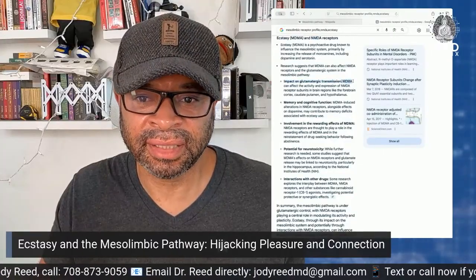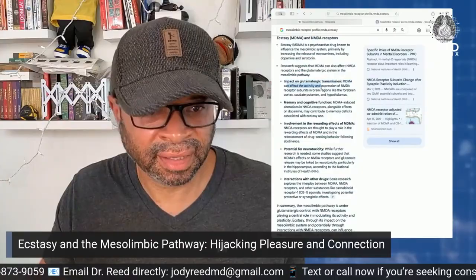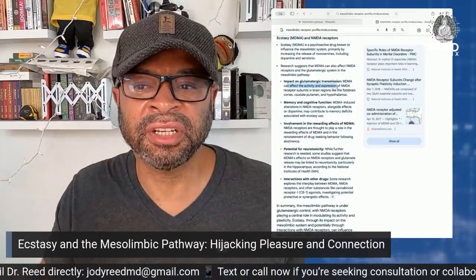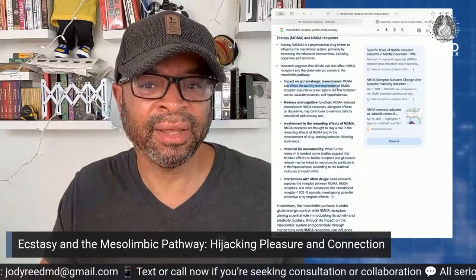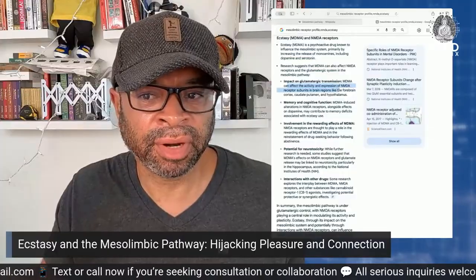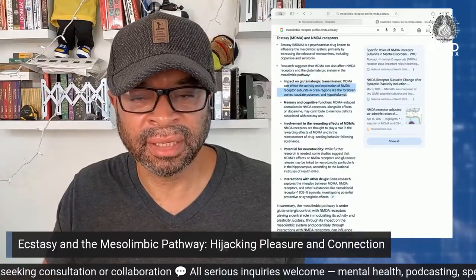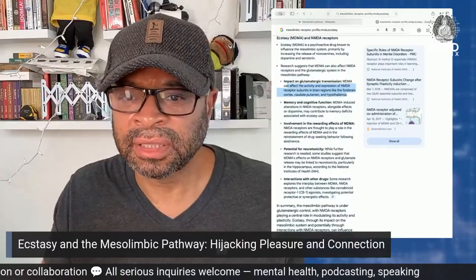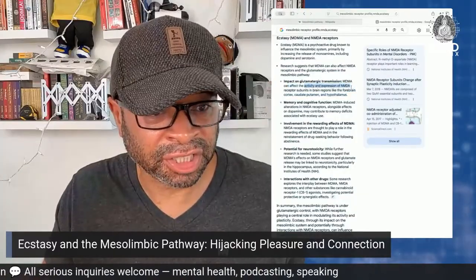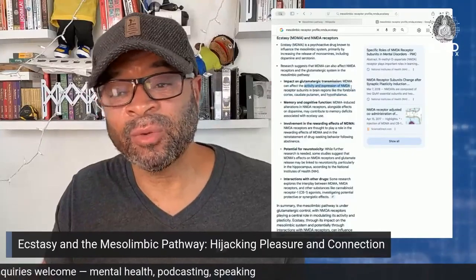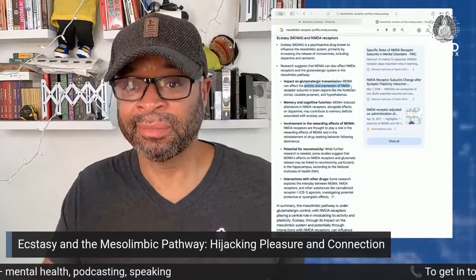Ecstasy can affect activity and expression of NMDA receptor subunits in the brain, like the forebrain cortex, caudate, putamen, and hypothalamus. And so glutamate causes activity and expression of NMDA, which is the glutamatergic receptor.